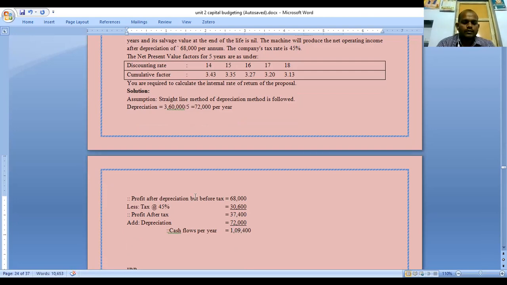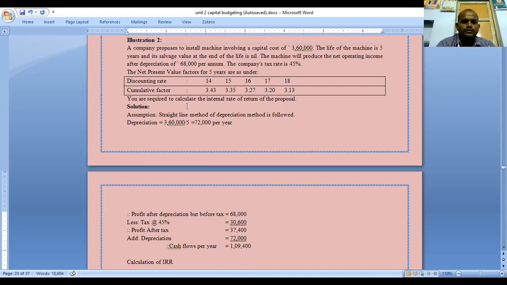So now, calculation of IRR. Here, cash flows are uniform in nature.